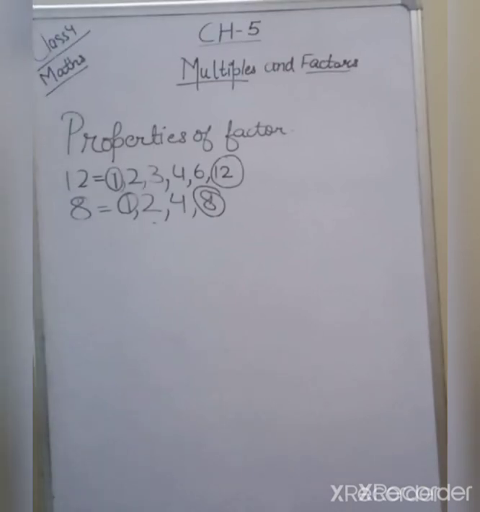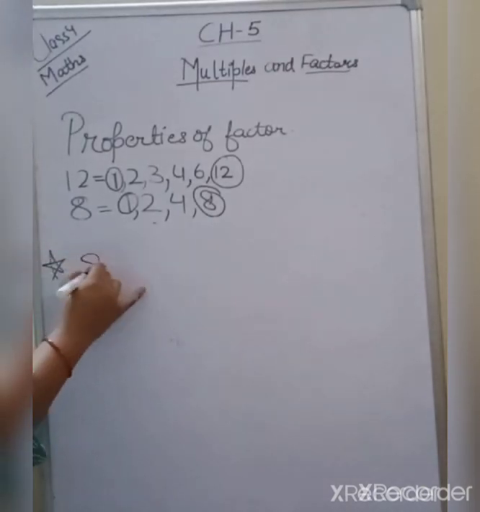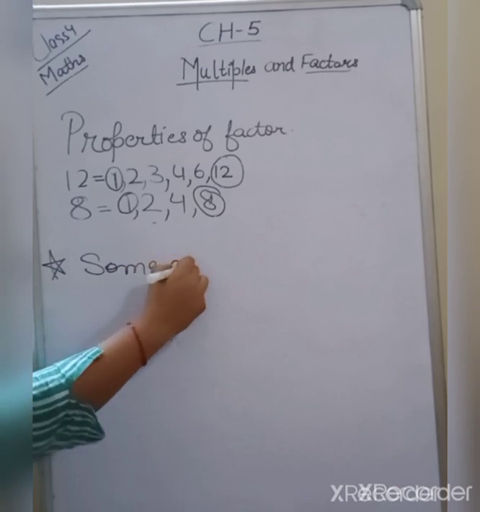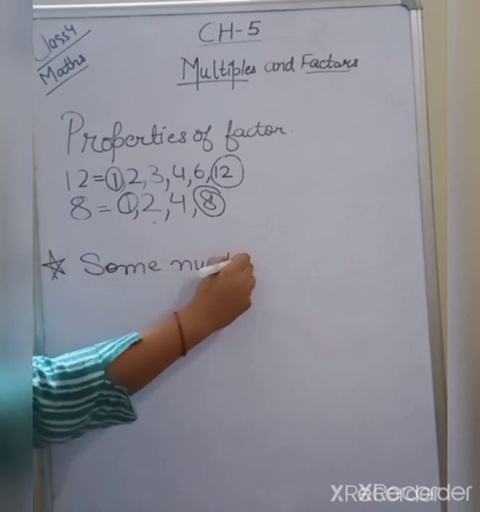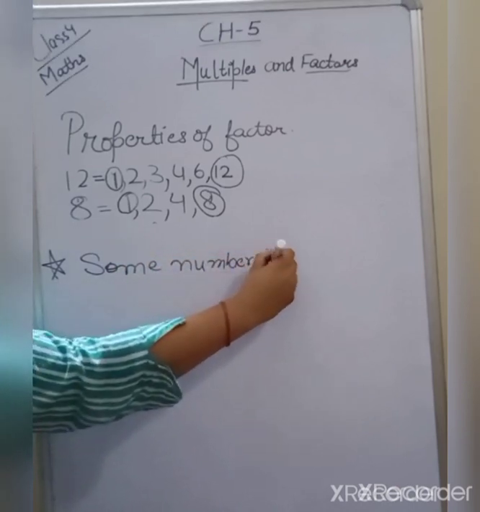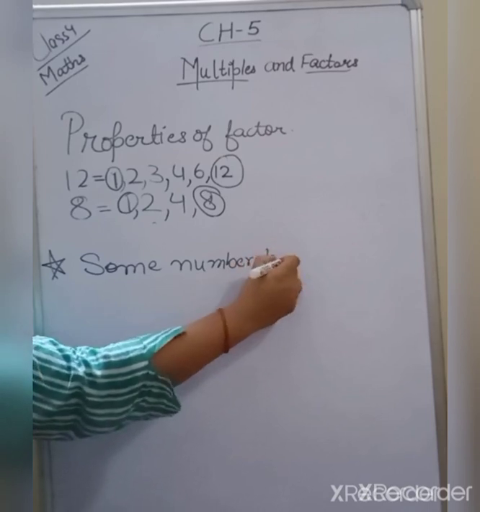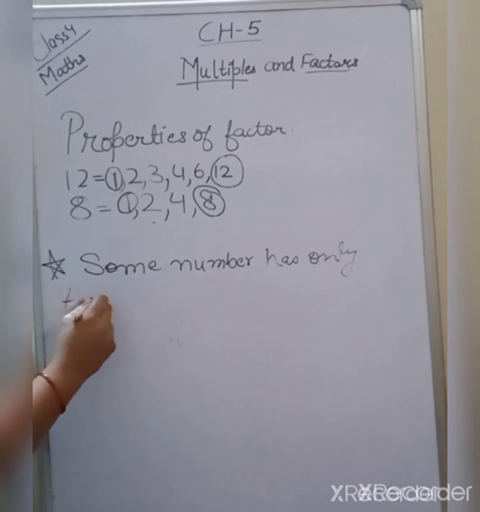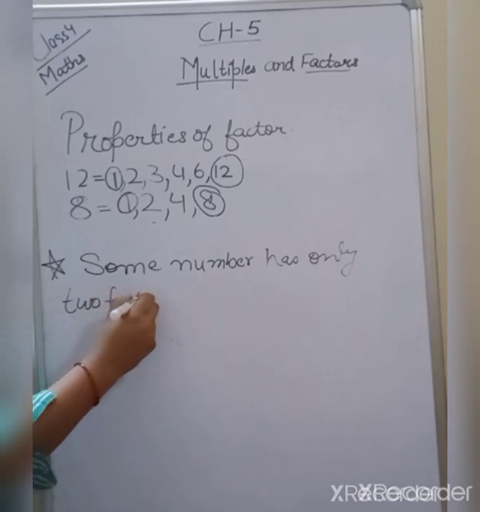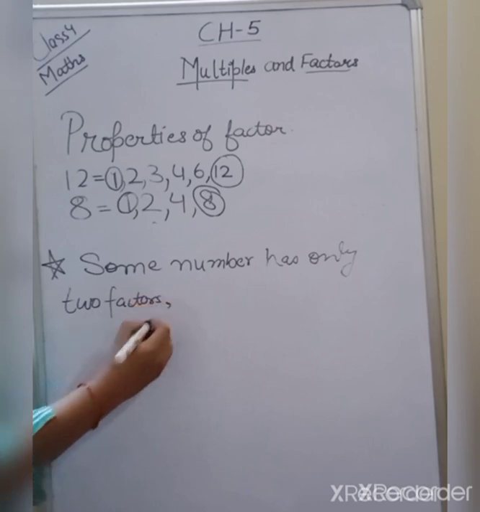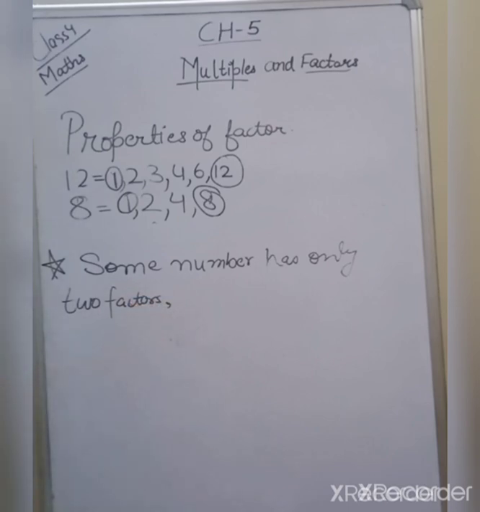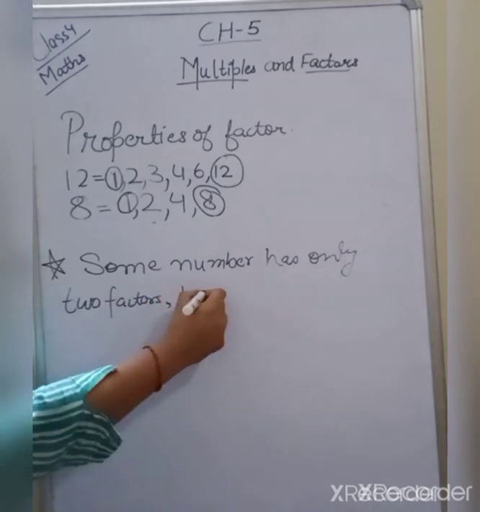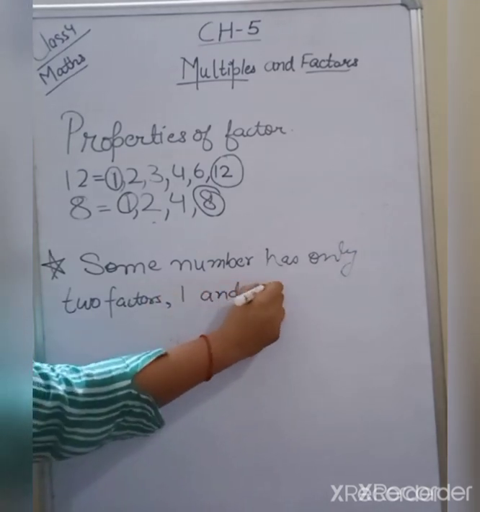Some numbers have only two factors, one and the number itself.